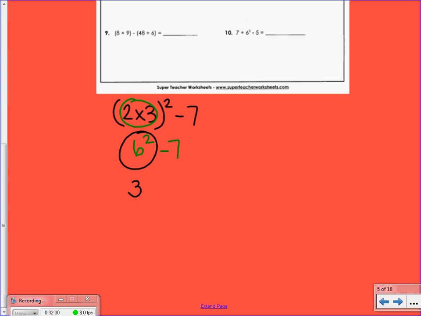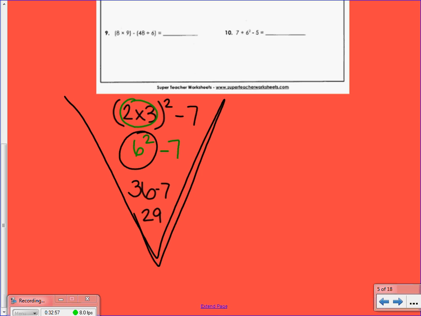So you had 6 multiplied by itself 2 times. 6 times 6 is 36. Everything else I write the same that I haven't done yet. You're only left with one operation. 36 minus 7, Olivia? 29. And you are left with the triangle of wisdom and awesomeness, Miss Martin.